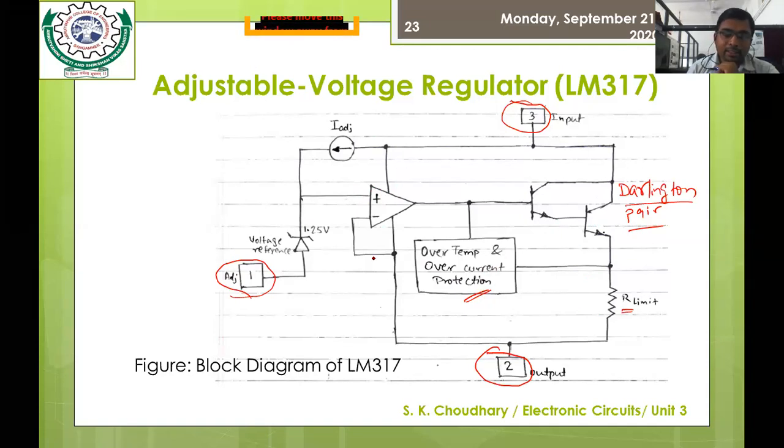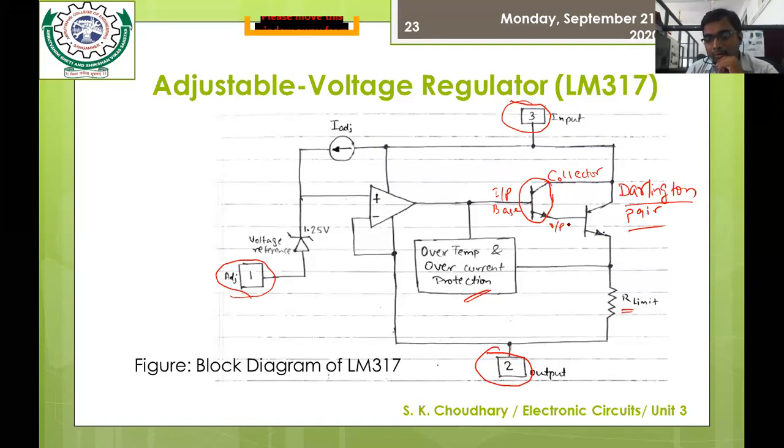So in the Darlington pair configuration, it is made up of two common collector configurations. Coming to the first transistor, the input is given to it at the base, the collector is common, and the output is taken from the emitter terminal.